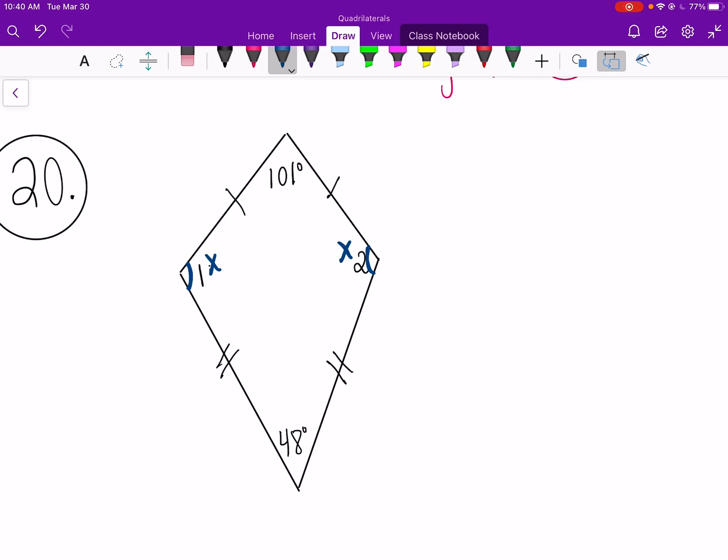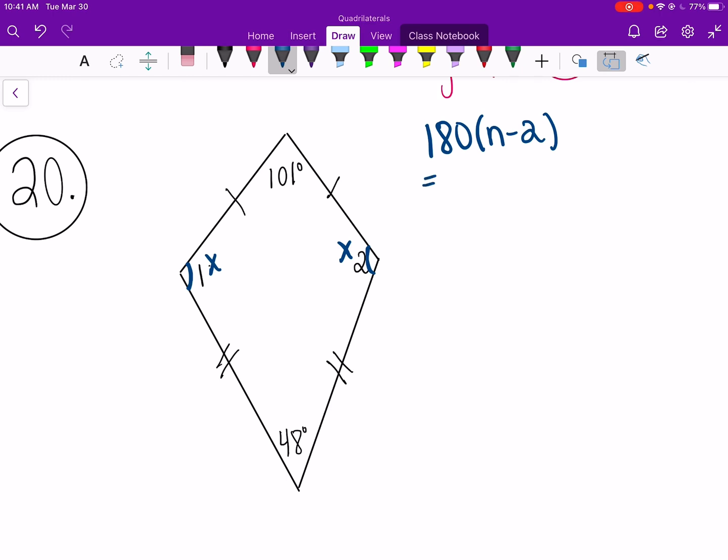Now think back to what we learned Monday. I know that the sum of the angles in a quadrilateral, so just a four-sided polygon, is 360 degrees. If you forgot that, remember our angle sum formula was 180 times n minus 2.